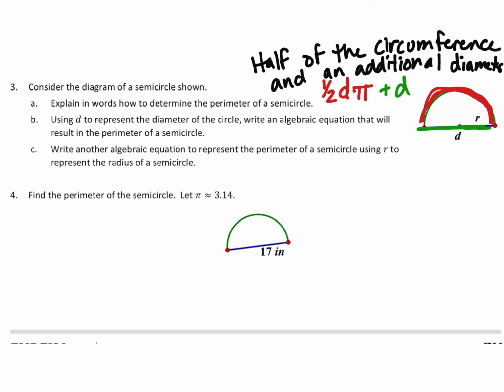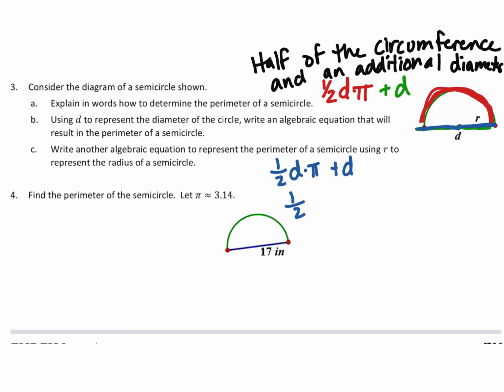So down here in part C, it says write another algebraic equation to represent the perimeter using the radius instead. So if I had the equation 1/2 times diameter times pi plus the diameter, I could swap out the diameter with 2 radiuses. 1, 2 make the diameter.